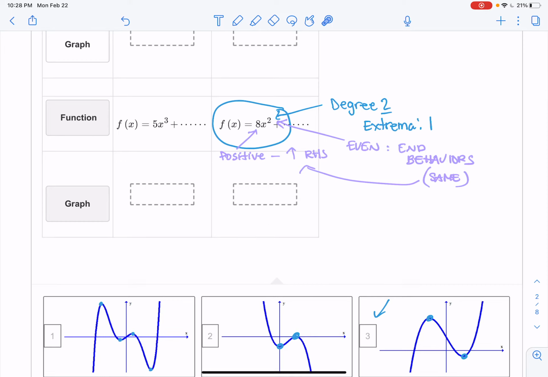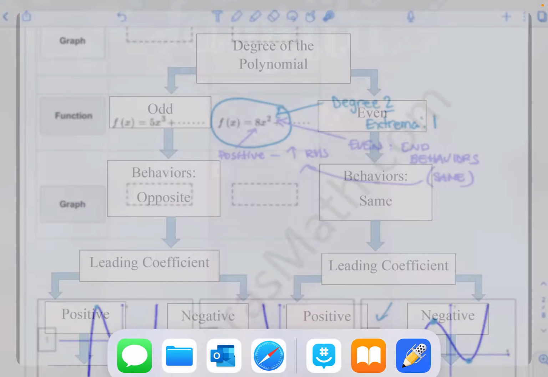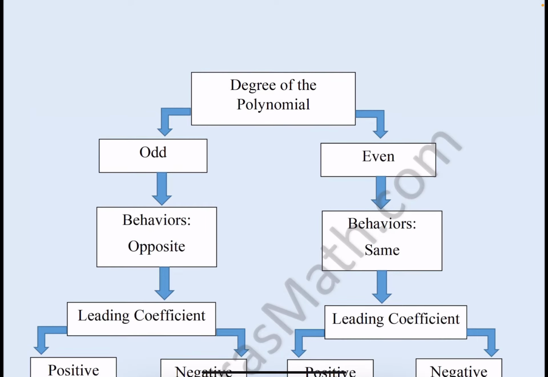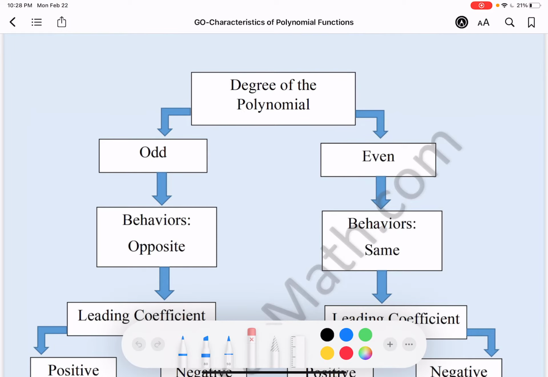Okay. So for your quiz, you can use this, okay? If you have a degree, like a degree 3 polynomial, so anything odd, like 3, 5, 7, okay?